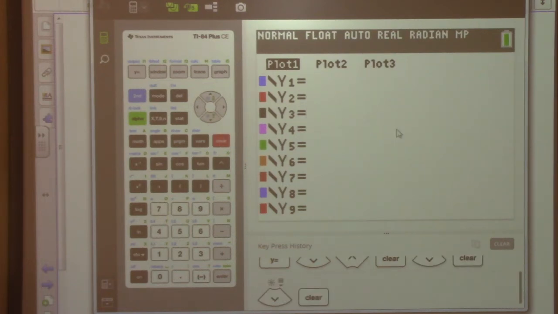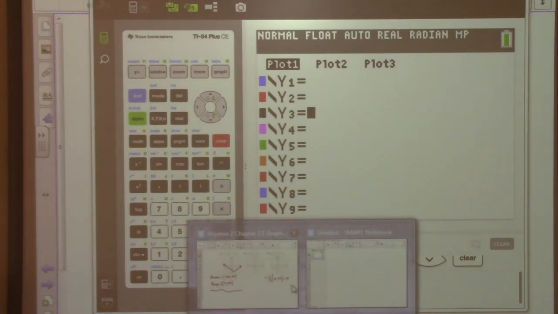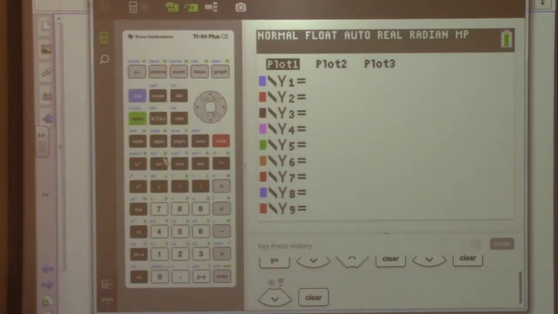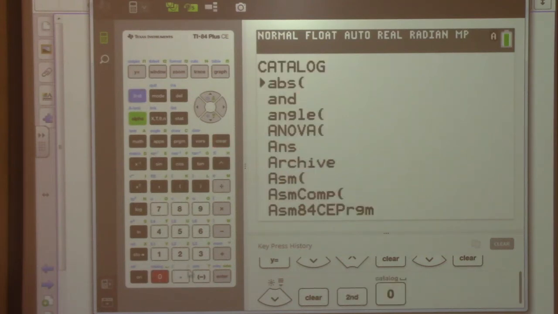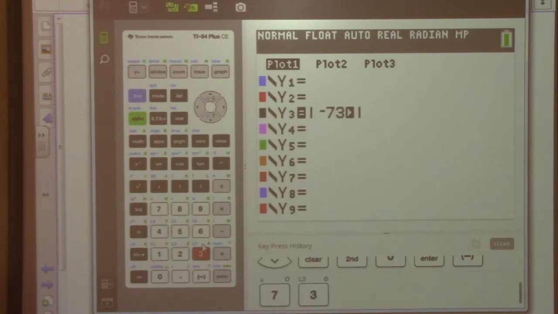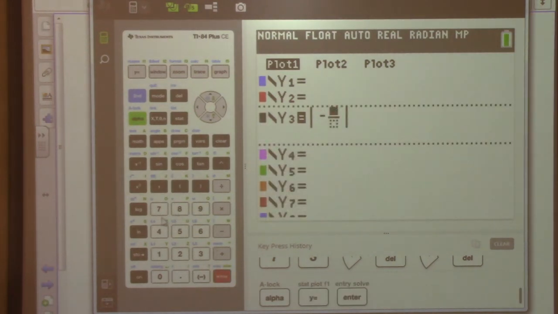And the thing that we have that's fortunate is we can actually test this with 7/3 x plus 5 minus 4. Let me try this. 7/3, I'm just going to do it the way they did it.